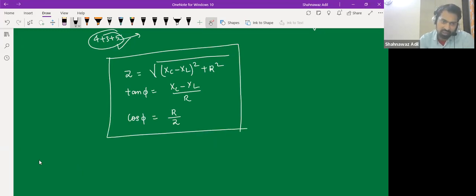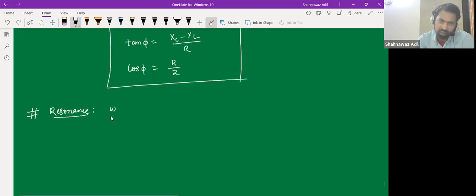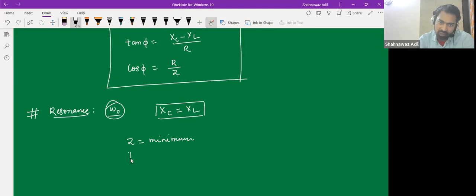And after that, we talked about resonance. In resonance, you provide the natural frequency omega naught such that your XC becomes XL. In that case, your impedance becomes minimum, and your current becomes maximum.